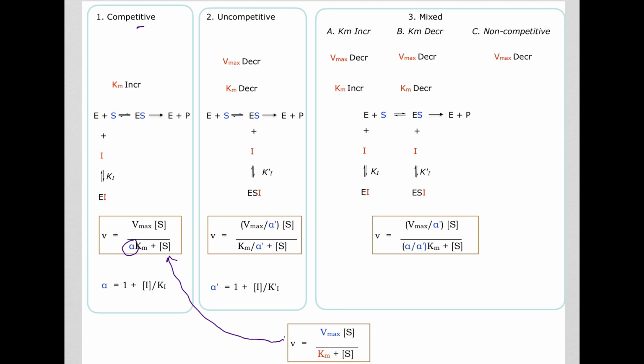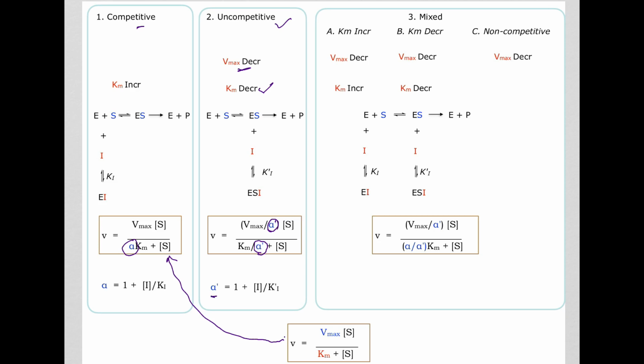Similarly, in an uncompetitive inhibitor, we see that Vmax is decreased. So how much has the Vmax decreased? We'll use alpha prime. So the Vmax has decreased by a factor of alpha prime. Similarly, how much has Km decreased? Km has decreased by a factor of alpha prime.